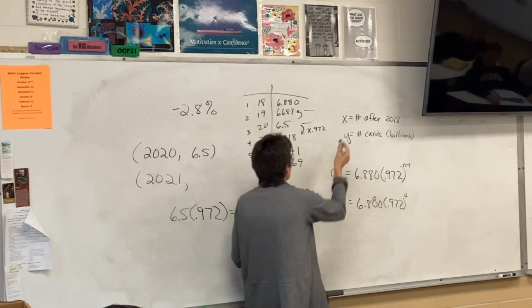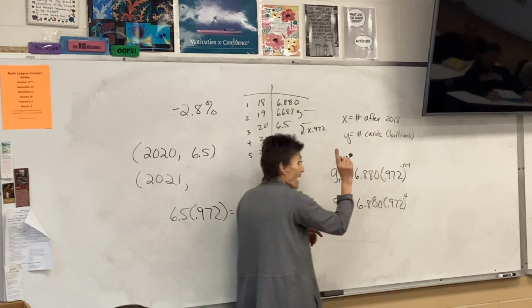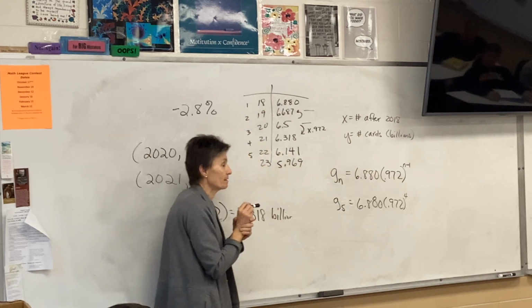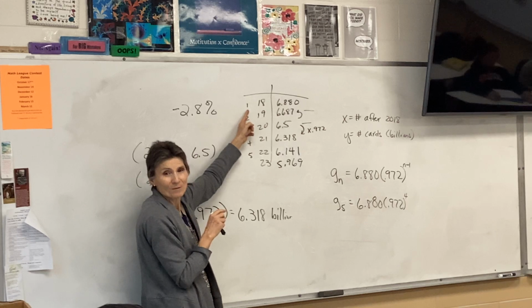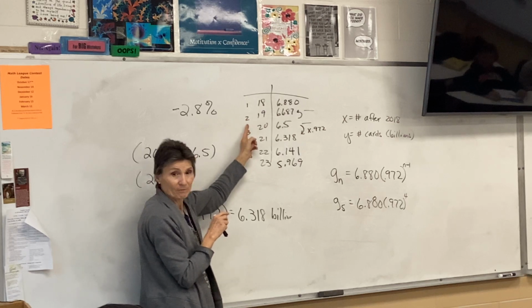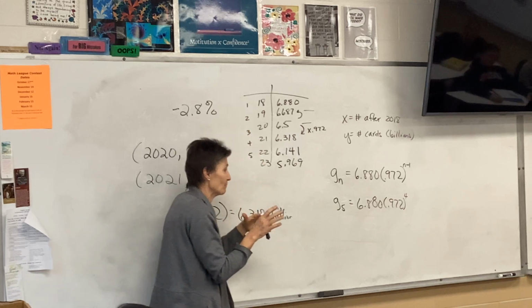If X, or what I call N, these are N's, if they are the years after 2018, is this really the first term? No. This would be the first term, right? So here's what I want you to stop and think about for a second.